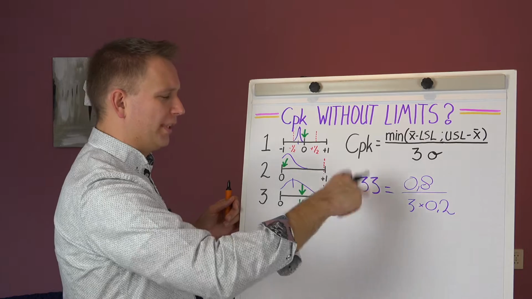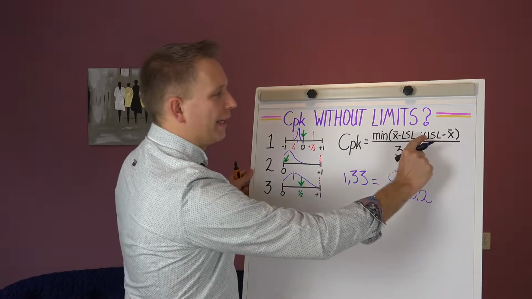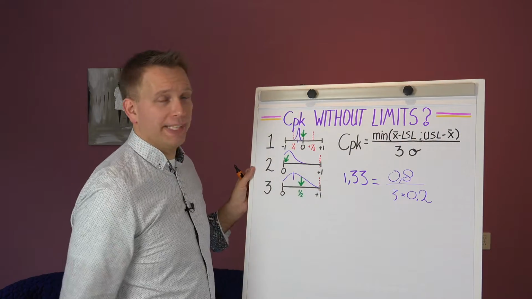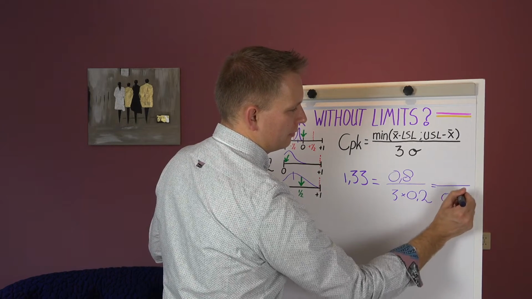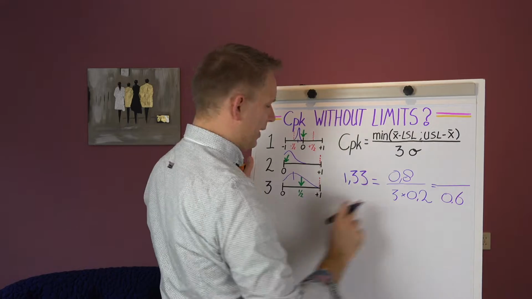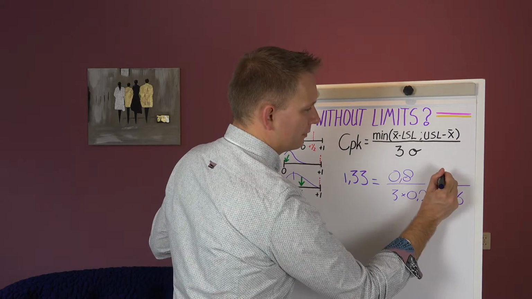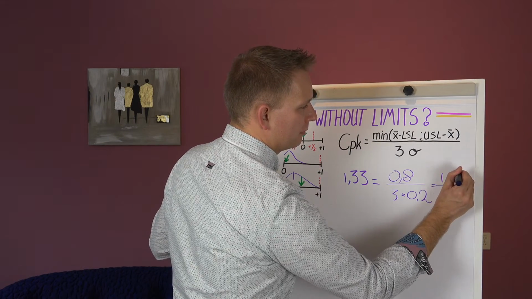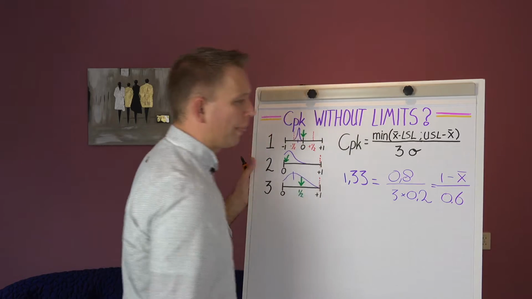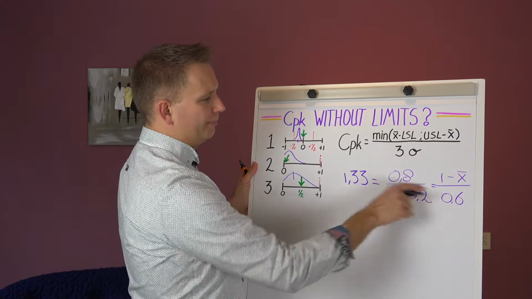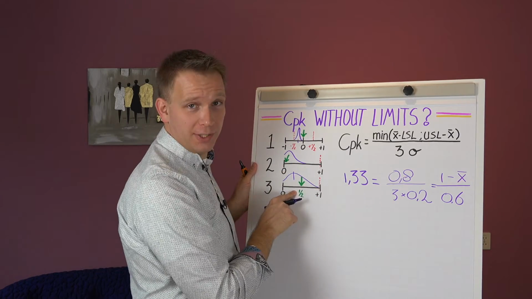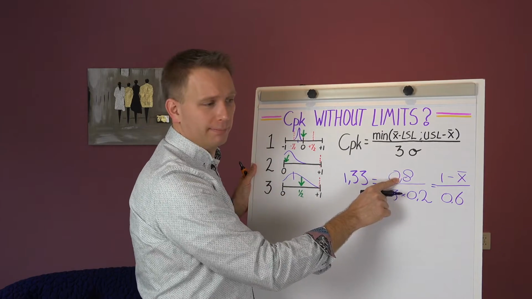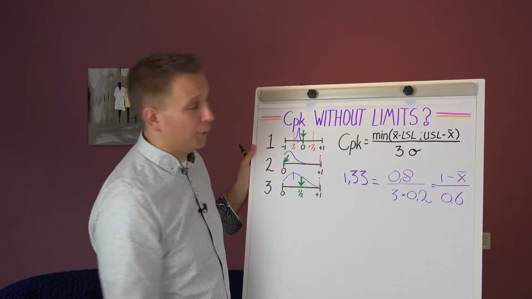And so what does this lead to? The upper specification limit is known. The upper specification limit is 1. So now we know that 1 minus where we center our process has to be 0.8. So that's 0.2.